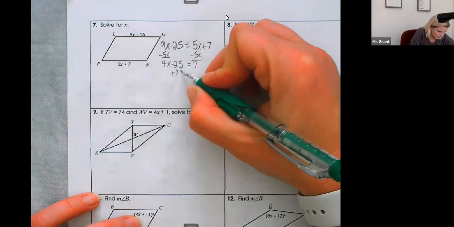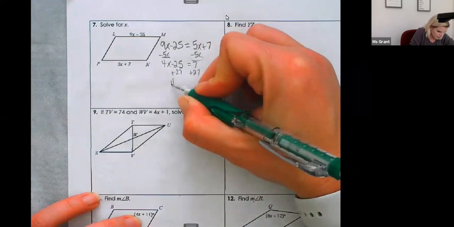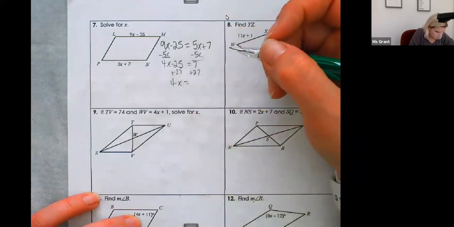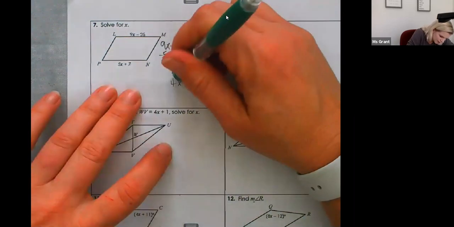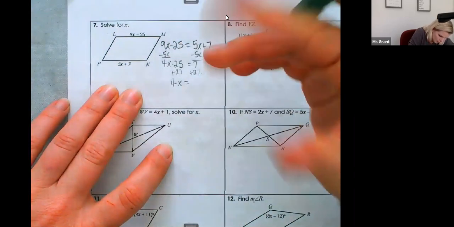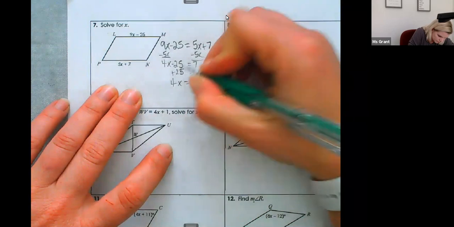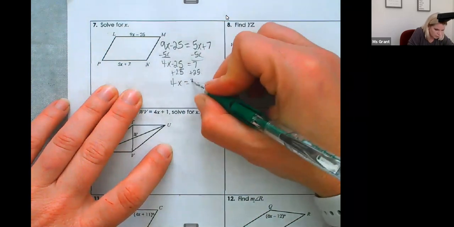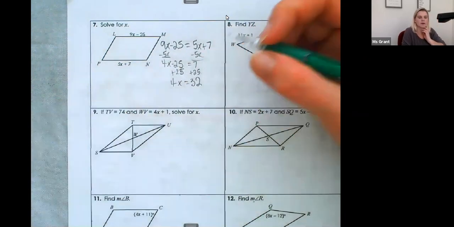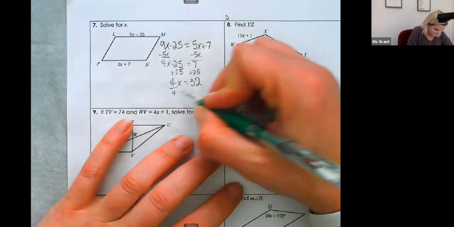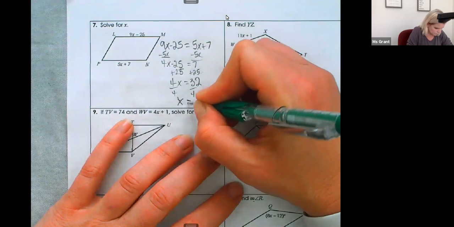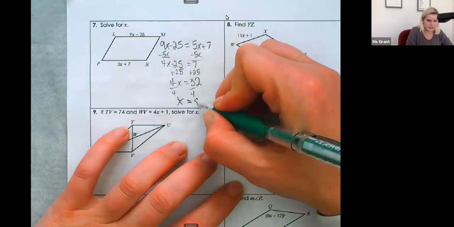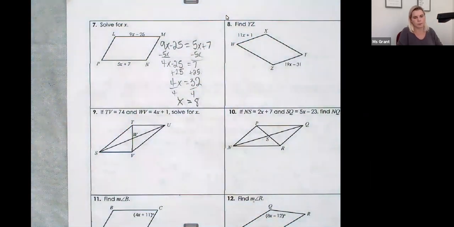Add 25. 4x equals, oh, 25. Sorry. Like something is wrong. 32. Divide by 4. 32 divided by 4 is 8. Okay.